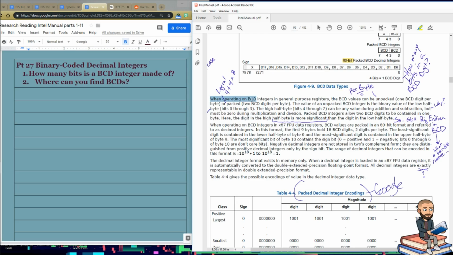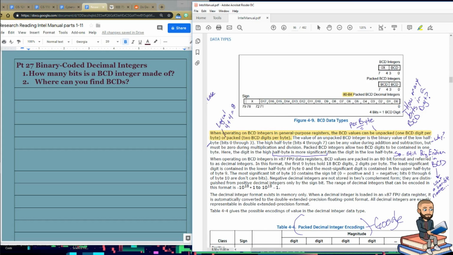When operating on BCD integers in general-purpose registers, the BCD values can be unpacked, 1 BCD digit per byte, or packed, so you can have 2 BCD digits per byte. Oh, that makes a lot of sense, and so the X is just the padding. But if we pack it, then we don't use padding.